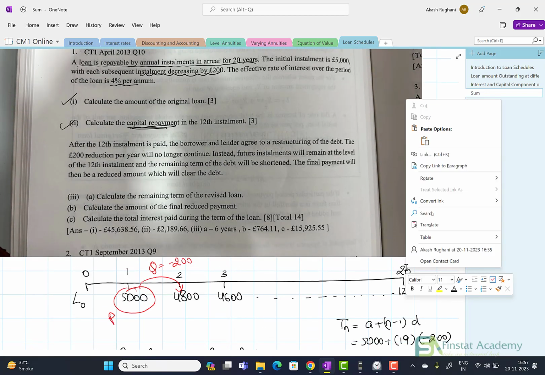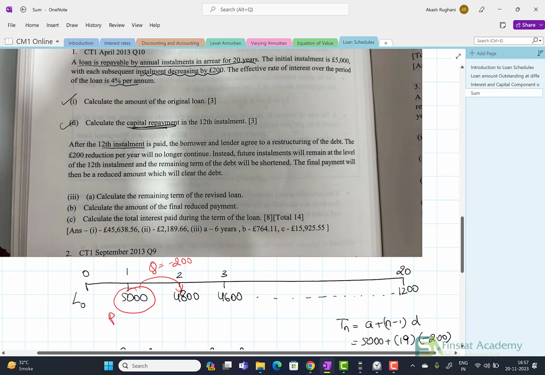Now look at this. After the 12th installment is paid, the borrower and lender agree to restructure the debt. The 200 reduction per year will no longer continue. Instead, future installments will remain level at the level of the 12th installment, and the remaining term of the debt will be shortened. The final repayment will then be a reduced amount, which will clear the debt.